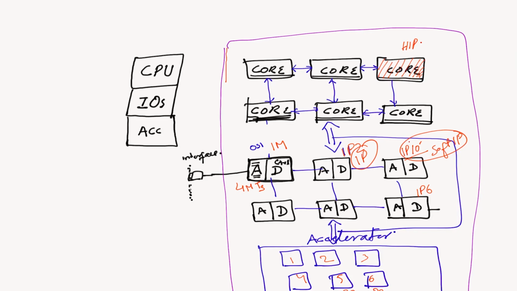The people who create the hardware for this are called physical design engineers. So physical design is the process of creating a hardware layout from a higher level description of the hardware, which is called RTL.